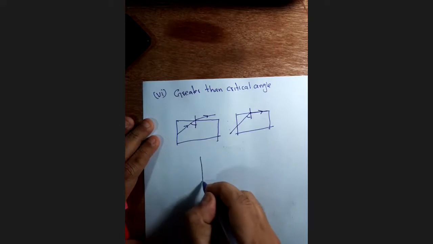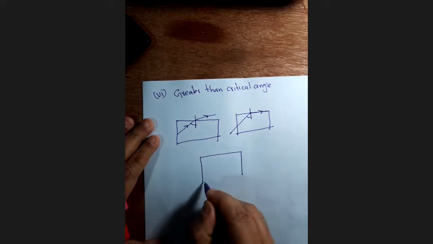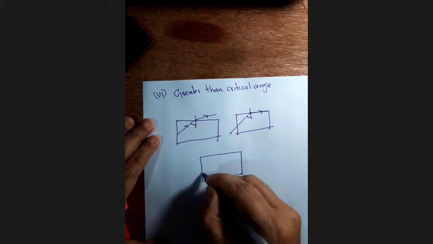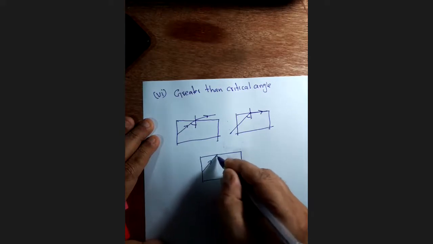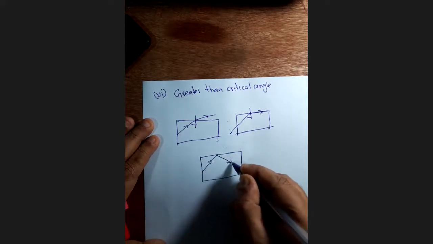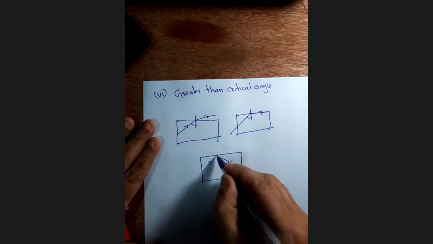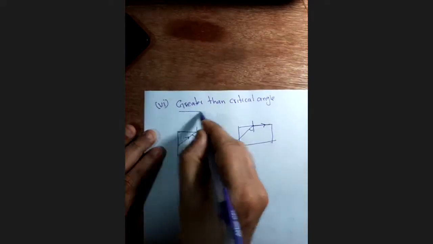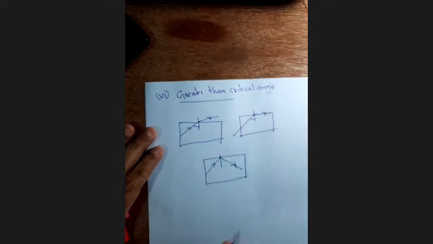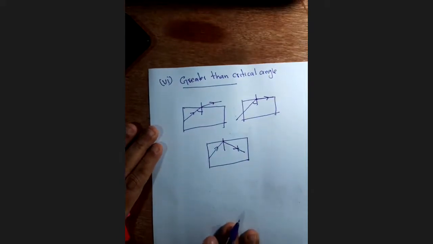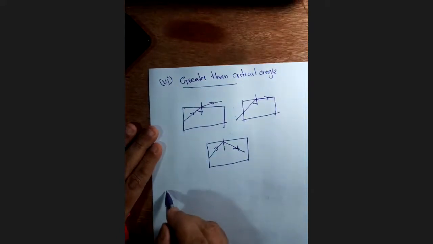If it is greater than the critical angle only, it will get reflected into the same medium. So definitely, the angle made by that ray is greater than the critical angle.